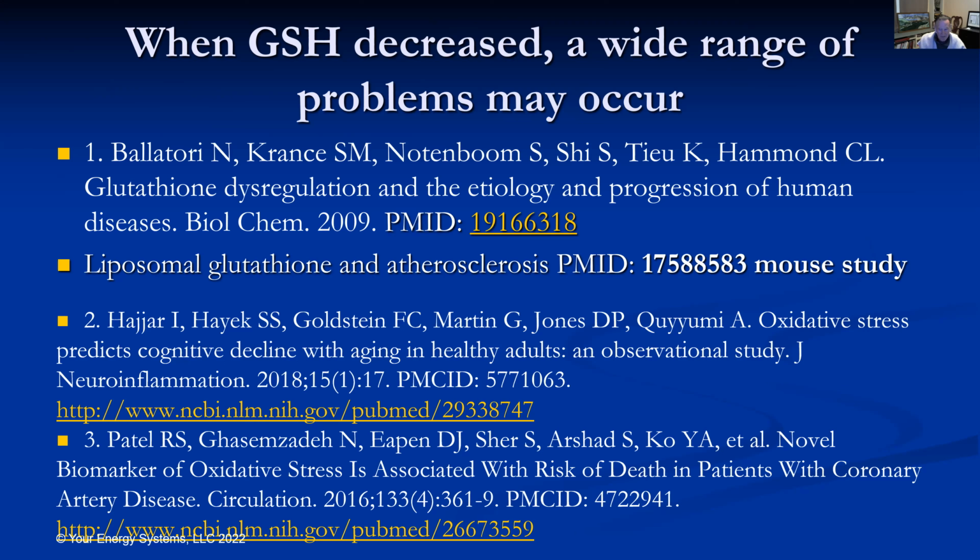And prior to that, a study showed a biomarker using the level of reduced glutathione: as glutathione goes down, the risk of mortality increases in people with coronary artery disease. And this begins to explain the difficulties people see with brain function and cardiac problems post-COVID-19 as their glutathione has been depleted.